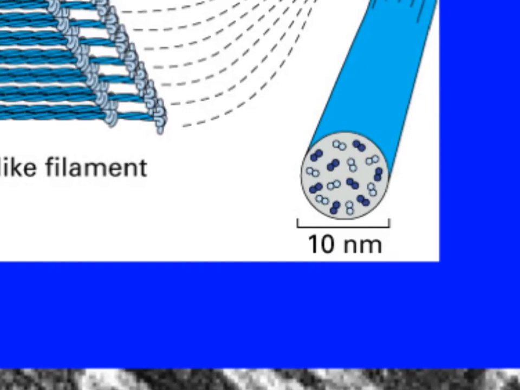This is a very different arrangement than what we saw on the microtubules. The microtubules had all of the betas on the top and all the alphas on the bottom. On the microtubules, it was really a hollow tube, and this one's actually filled. So this is a big, thick rope.